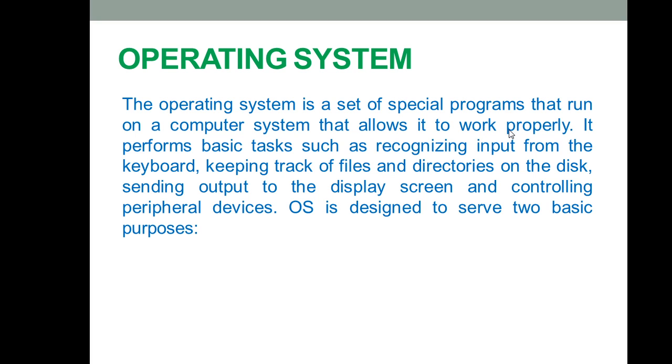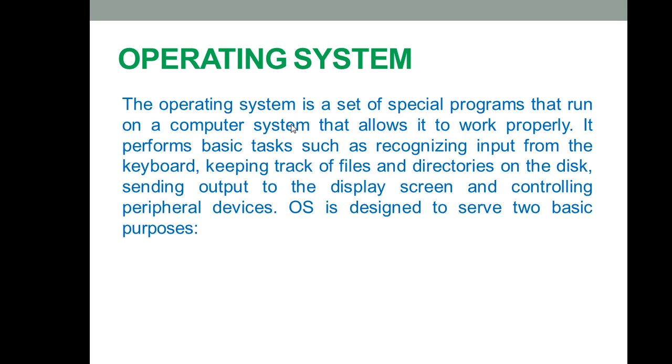It also keeps track of files and directories on the disk. If you want to search for one kind of file in any drive of your computer system, then obviously the operating system is keeping track of that. Okay, so if you want to send output to the display screen, or control any kind of peripheral devices like input and output devices, all these tasks are performed or controlled by the operating system.